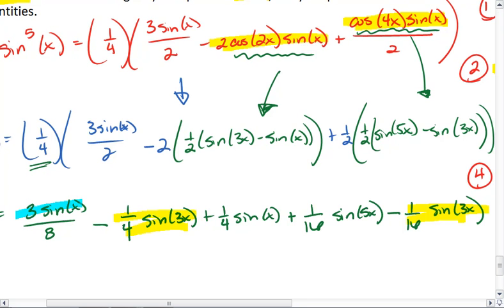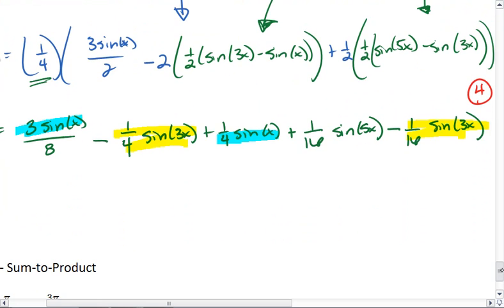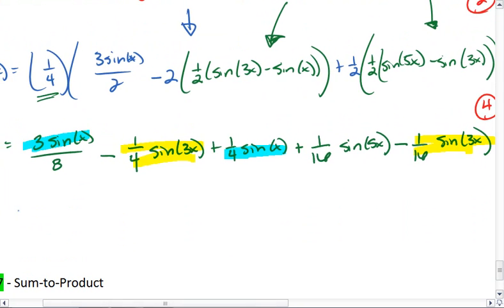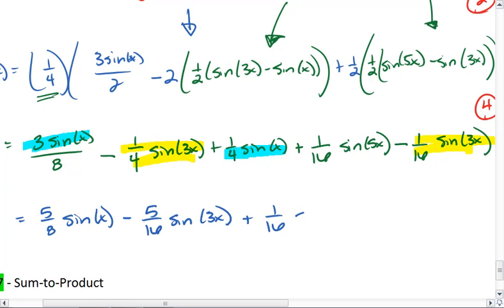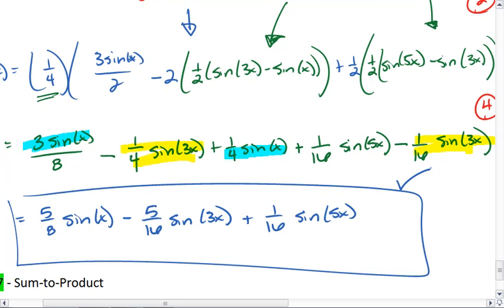We have sine x, meaning we can reduce this even further until we get 5/8 sine x minus 5/16 sine 3x plus 1/16 sine 5x. And there is your final answer.